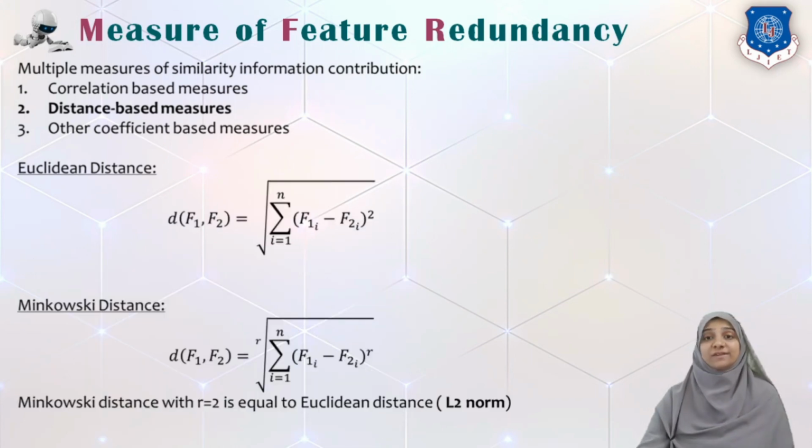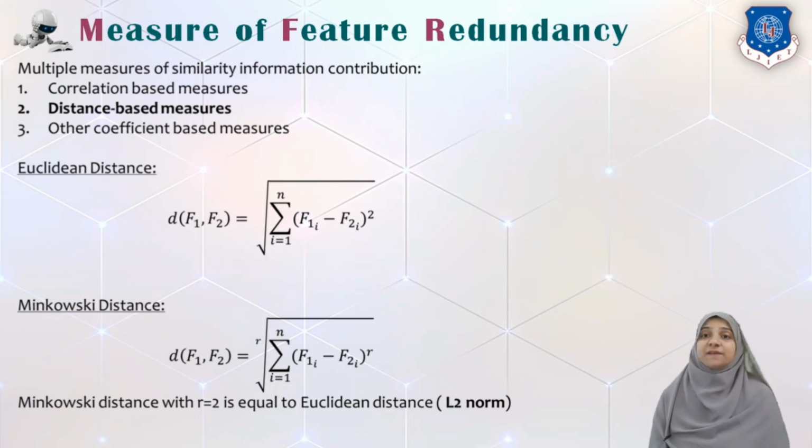But there do exist other types of distances apart from Euclidean distance. That distance is called Minkowski distance. Now this Minkowski distance is the same as Euclidean distance, but the only change in the formula is that instead of square root, it takes the r-th root. And within this root, instead of taking the square of the differences of the features, we take the r-th power of the given set of differences.